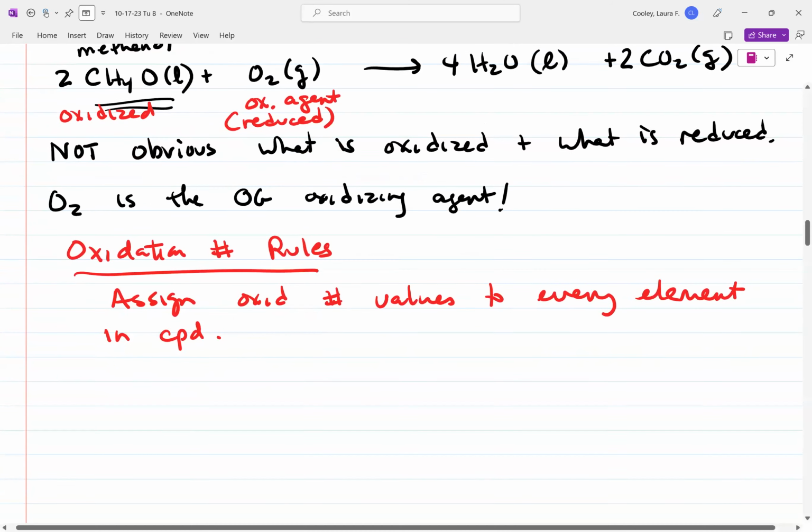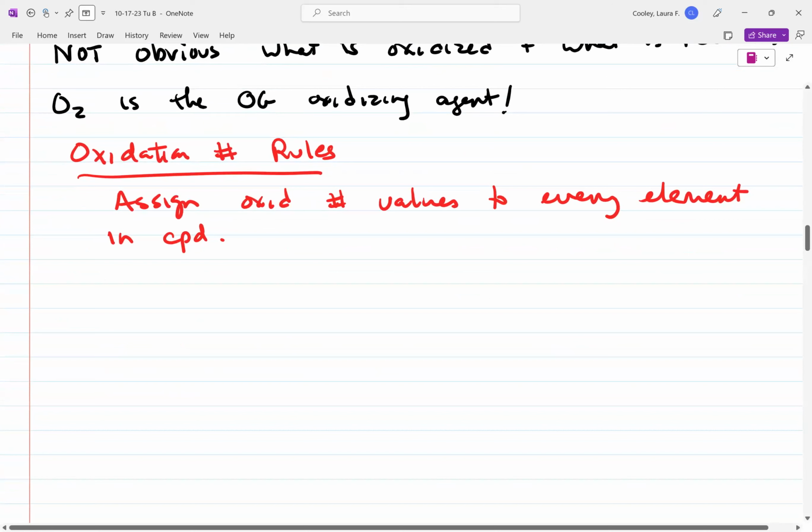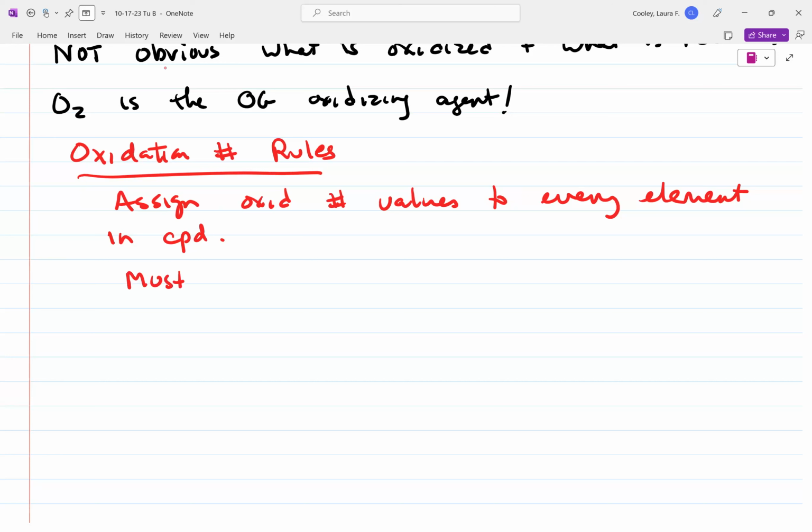They also assign them to ions, but the charges on ions are obvious, so that's not anything new. The reason why this is somewhat difficult is because it's most important for molecular compounds, and the reason why it's not obvious is because molecular compounds share electrons.